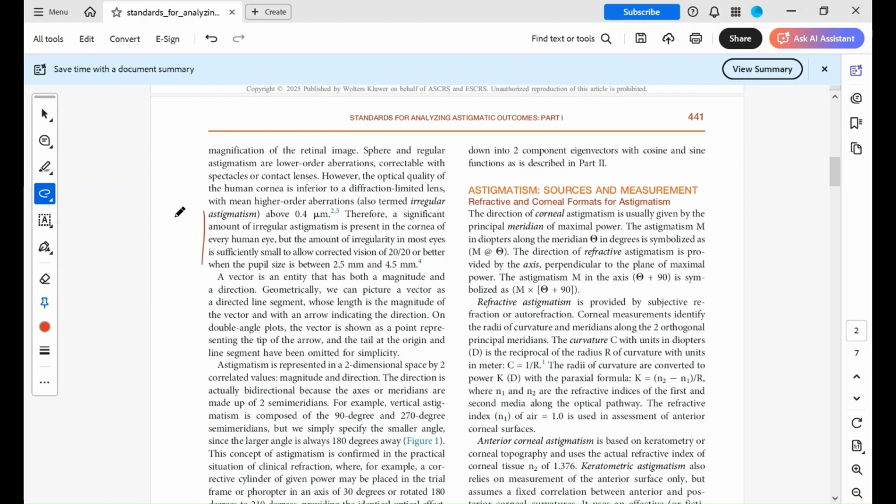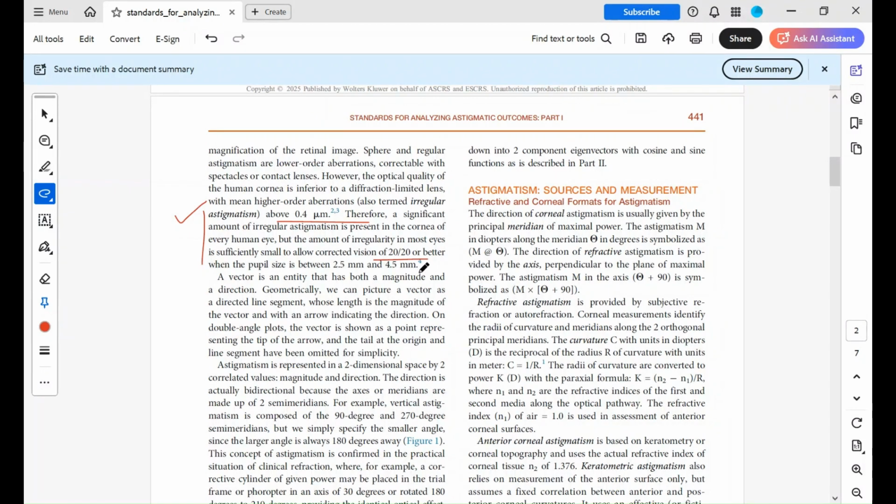It is also said that most of our astigmatism is regular. So you correct regular astigmatism with toric IOLs. But sometimes the patients may also have some amount of irregular astigmatism. But for most patients, the irregular astigmatism is less. It is the irregular astigmatism which creates the deterioration in vision, and that is important.